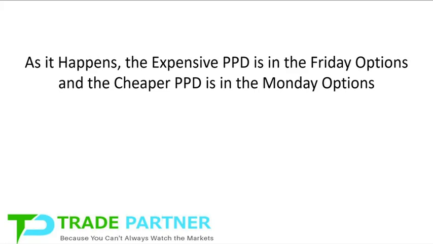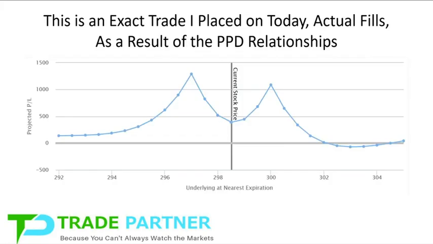This is an actual trade that I placed today, actual fills. Why did I place this trade? Because I understand the relationship between the PPD values, even knowing that volatility is going to drop.